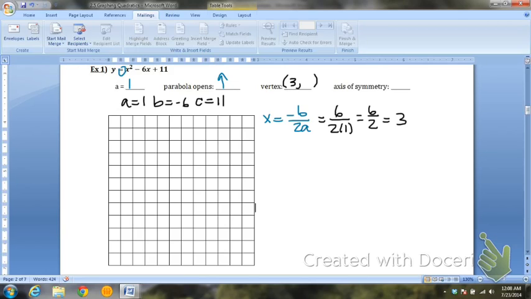Then how do we find out what the second coordinate of my vertex is, or that k value? So what we're going to do is take this 3 that we just solved for, and plug it back into the original equation. I'm just going to write the equation down, x squared minus 6x plus 11. But instead of x, we're going to plug in 3, which is why we did the first two examples about plugging things in. So 3 squared minus 6 times 3 plus 11.